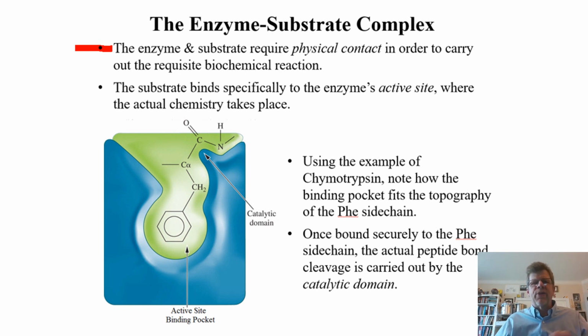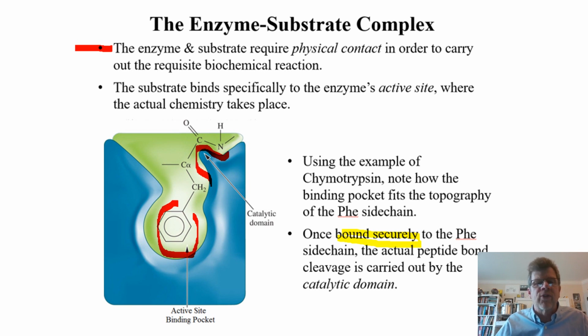Here now, with this particular side chain, we have a very good fit and thus a very tight fit. So we have that phenylalanine fitting in there, and we get a very secure binding of that phenylalanine. Once we get that secure binding, so this phenylalanine is caught in there and not moving, then we have something called the catalytic domain.